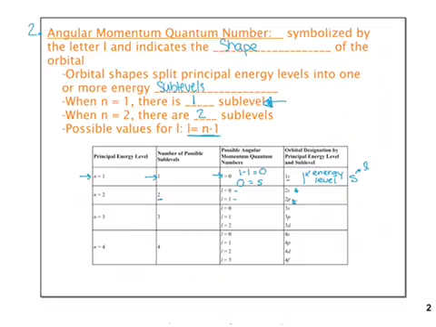Down to n equals 3, the new one here is an angular momentum number of 2, and the number 2 corresponds to the d sublevel. If n equals 4, we can have 4 possible sublevels. That gives your angular momentum numbers as either 0, 1, 2, or now 3. Now we have the possibility of 4s, 4p, 4d, and now our new sublevel shape is f.